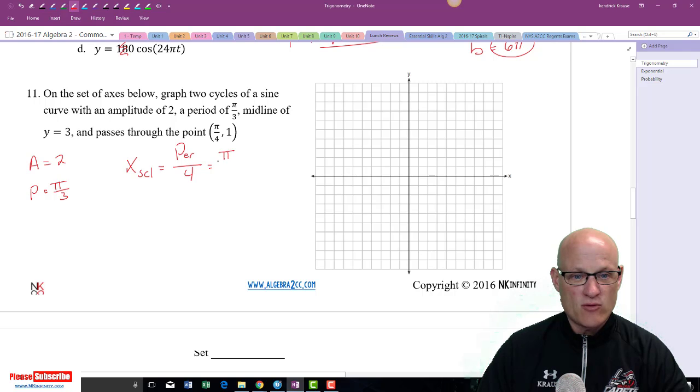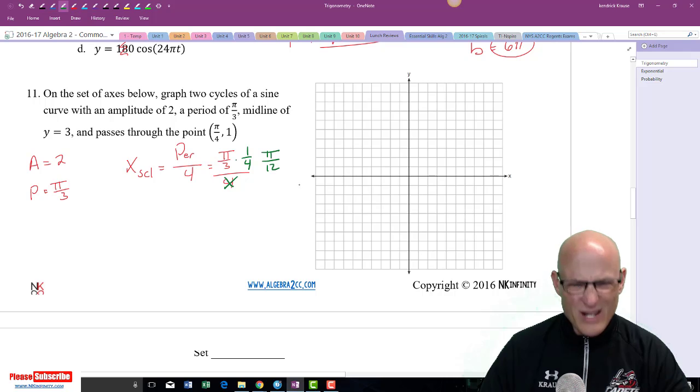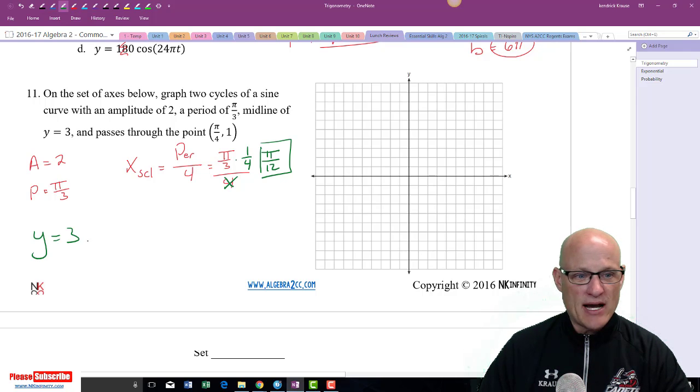So this is going to be pi over 3 divided by 4. Now, when you divide by 4, you're really multiplying by 1/4, the reciprocal. So I get pi over 12. That's going to be my scale on the x-axis. So now I'm ready to graph, except I got my y equals 3 as my midline.